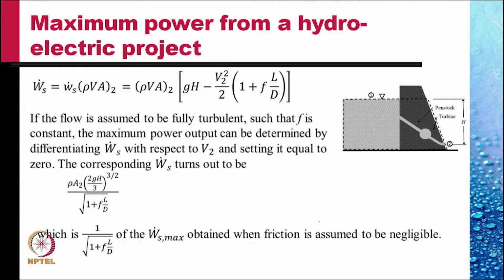If the flow is assumed to be fully turbulent, we can assume f to be constant, independent of the Reynolds number, and then the maximum power output can be obtained by differentiating Ws dot with respect to V2 and setting it equal to 0. The corresponding Ws turns out to be this, which is 1 divided by the square root of 1 plus fL by D of the maximum power in the absence of friction.